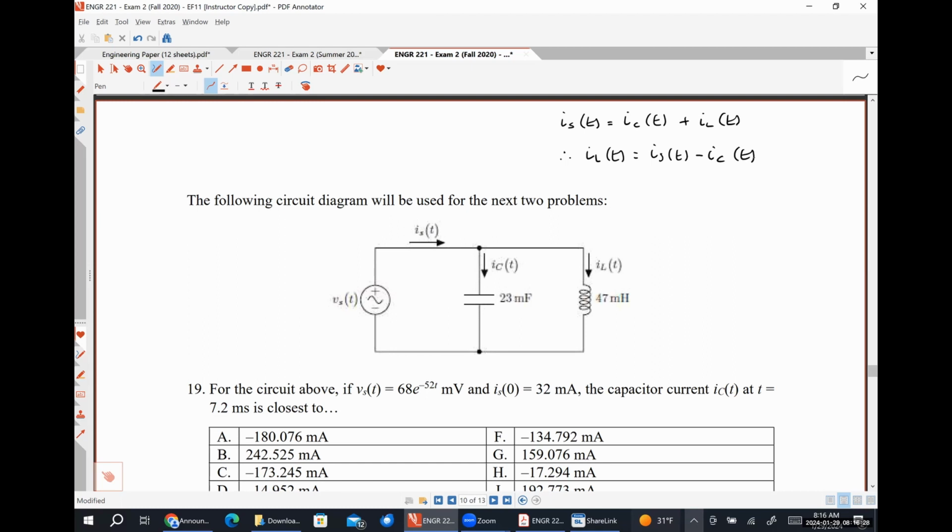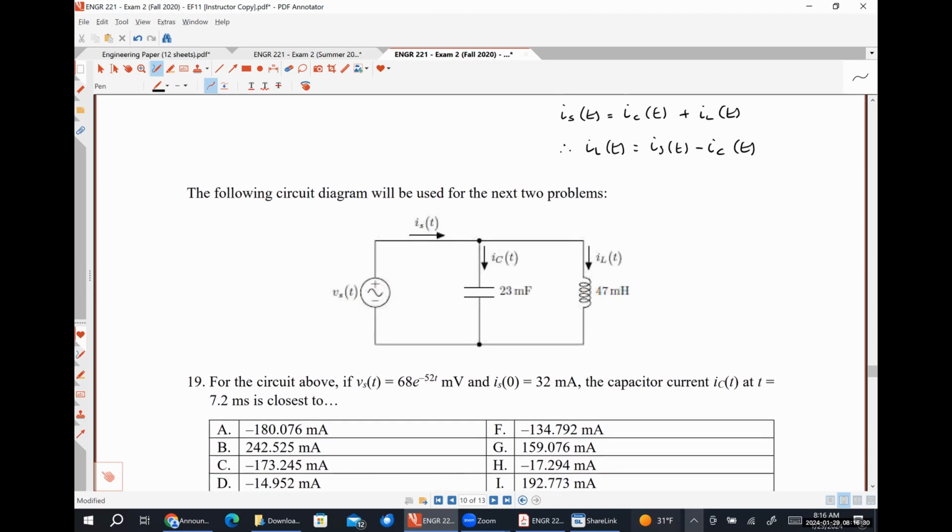We'll probably wind up using that in a moment. We'll also have IL equal to 1 over L times the integral from T naught to T of, in this case, VS, plus IL at T naught.